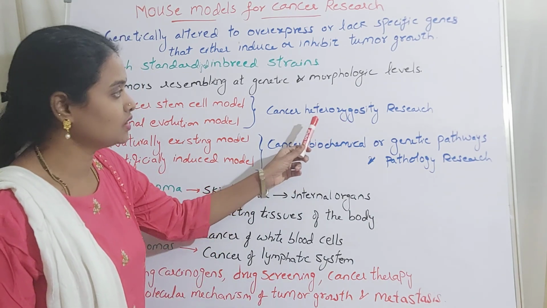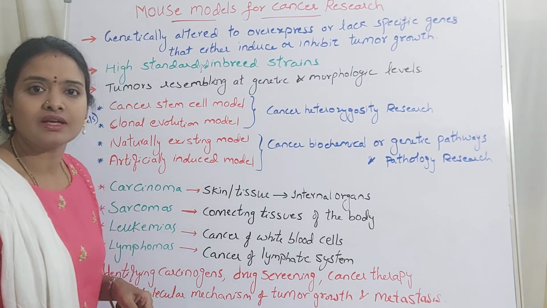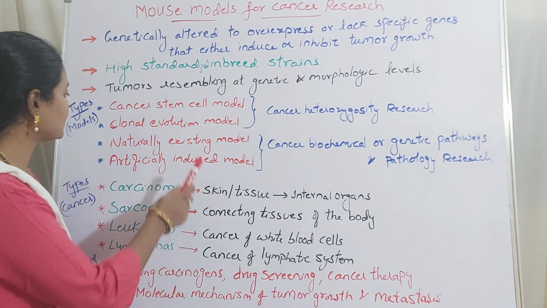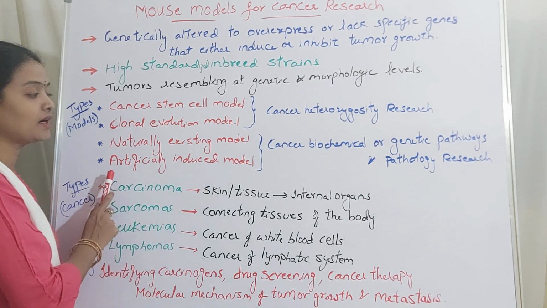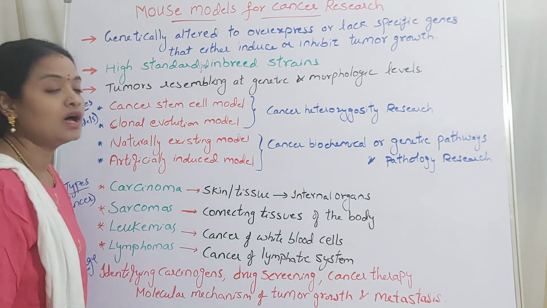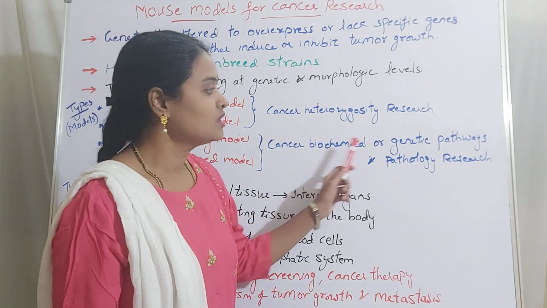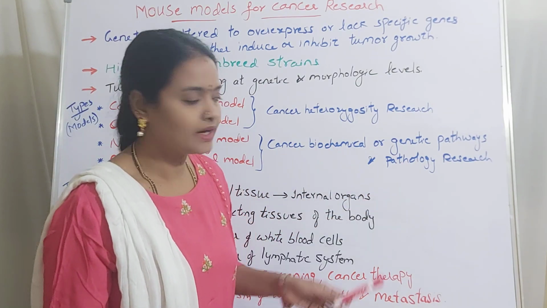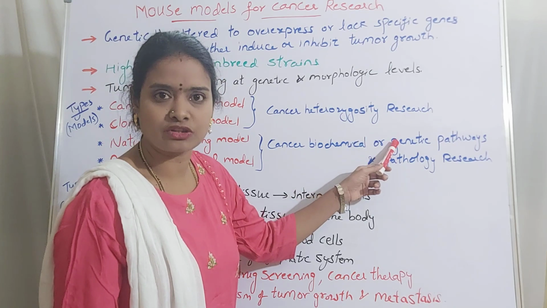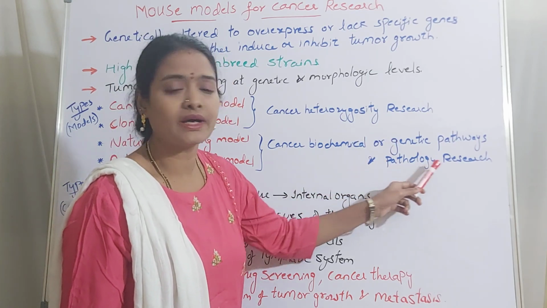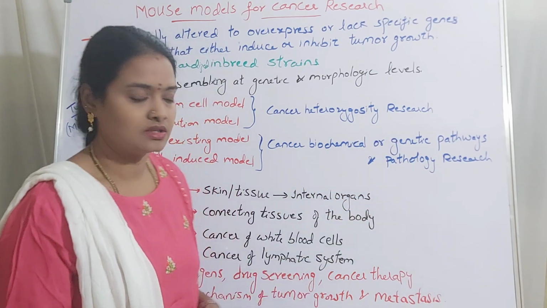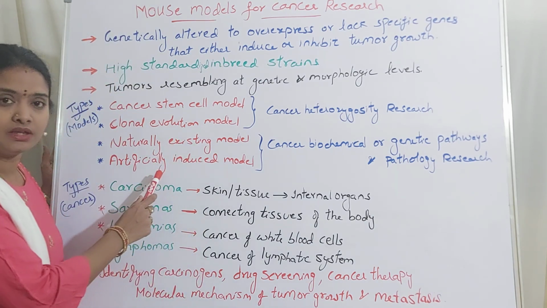You can know the heterogeneity of those cancerous cells. Whereas the naturally existing model and the artificially induced models are mainly used in studying biochemical or genetic pathways, and also in pathology studies or research, these mouse models can be used.